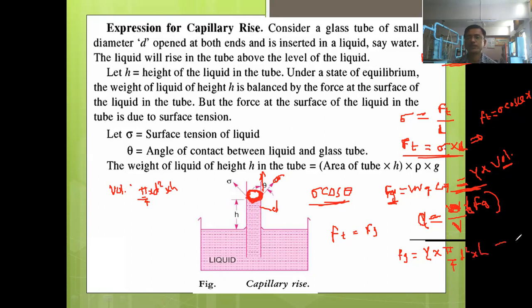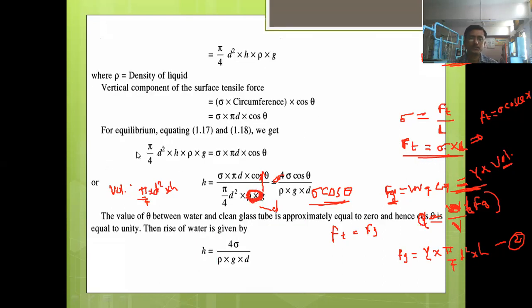Now equate this equation number 1 and equation number 2. This is our equation number 1. After equating, you can see they have equated it here: sigma cos theta into pi d, this is our equation 1.